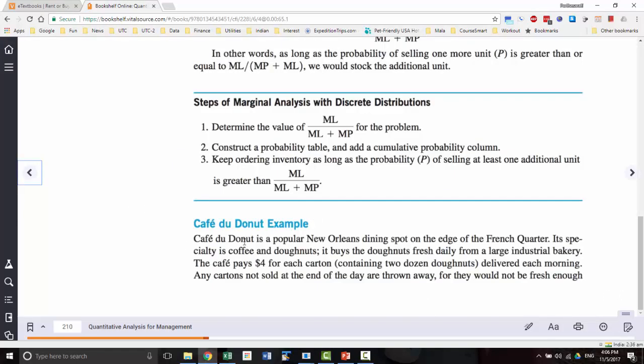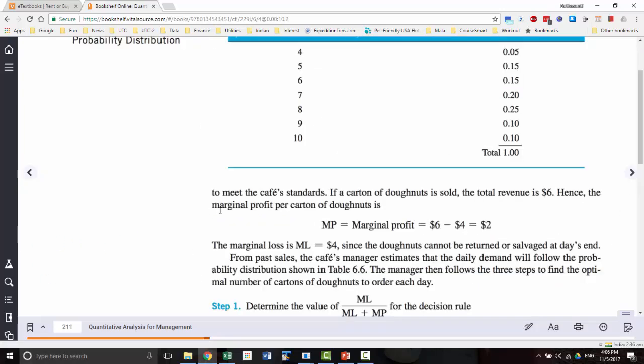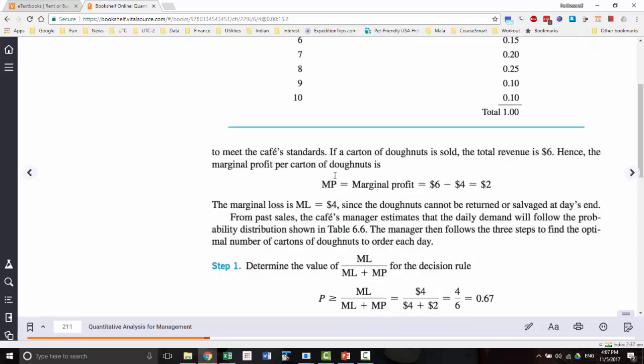Okay, so we have the example now. We have a donut shop, and the cafe buys donuts fresh from a bakery. They pay $4 per carton, and they sell it for $6. Any unsold donuts at the end of the day are just thrown out.